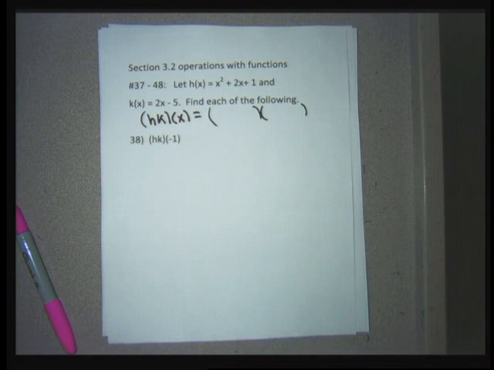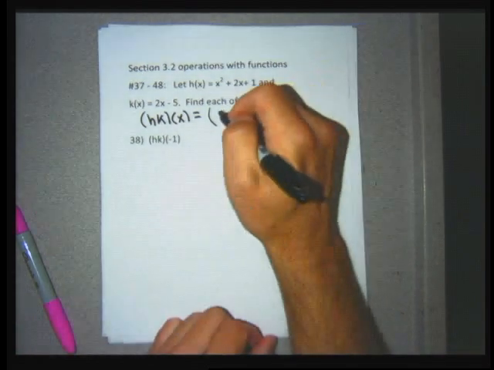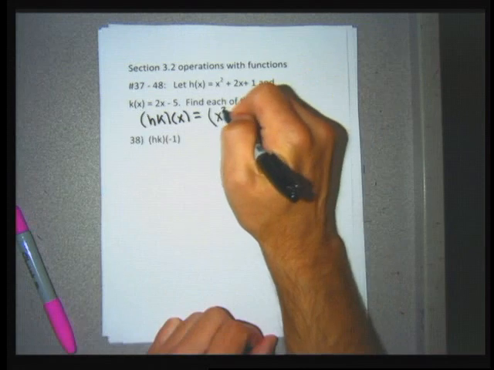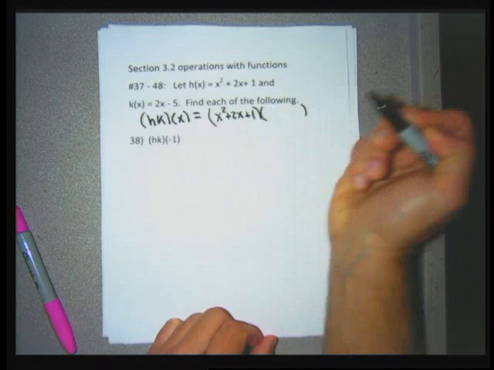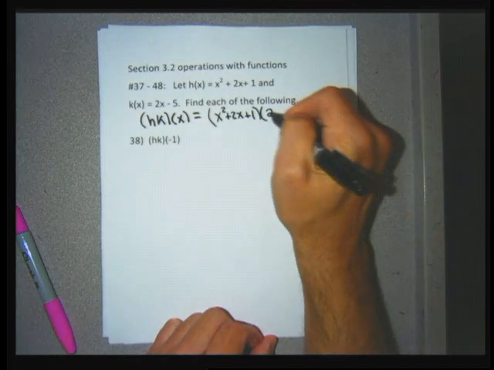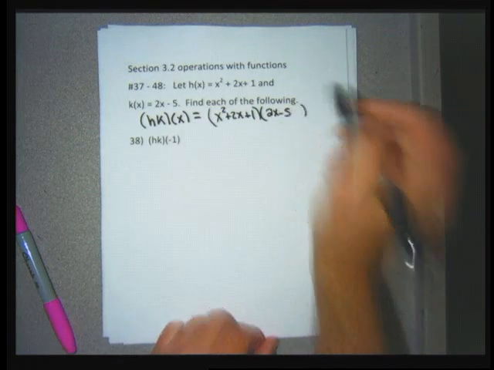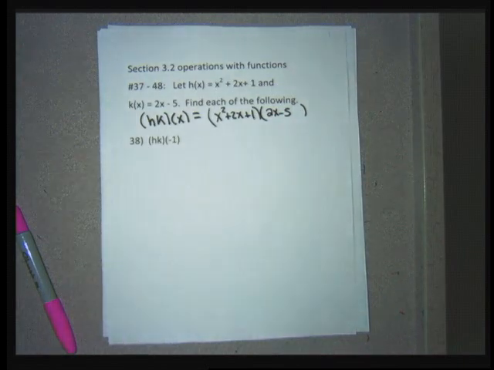If the problem said h times k of x, in the first parentheses, I'd write the right half of the h function, which is x squared plus 2x plus 1. Second parentheses, inside of it, I'd write a 2x minus 5. To answer this problem, I need to change the x in the problem that I just wrote to a negative 1. My answer is going to be a number.